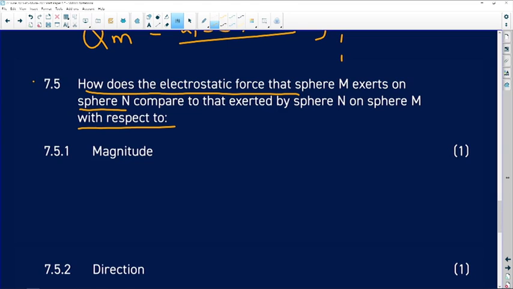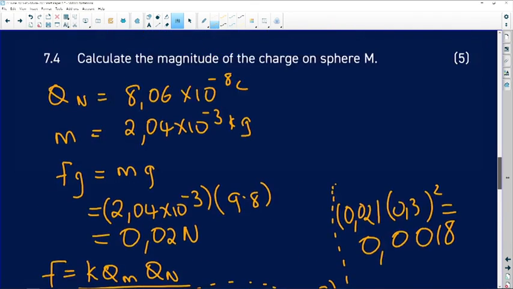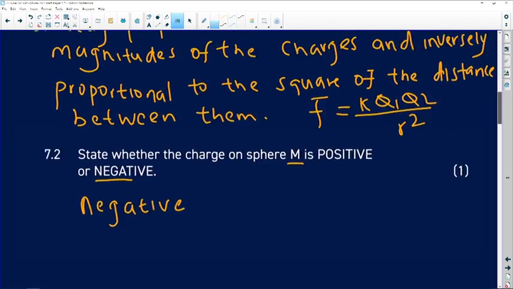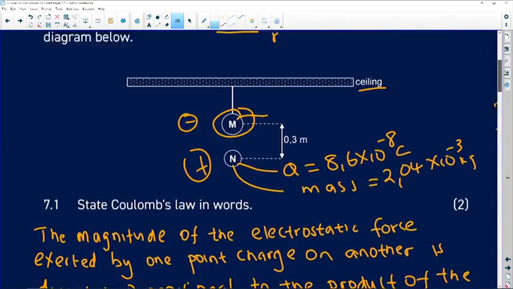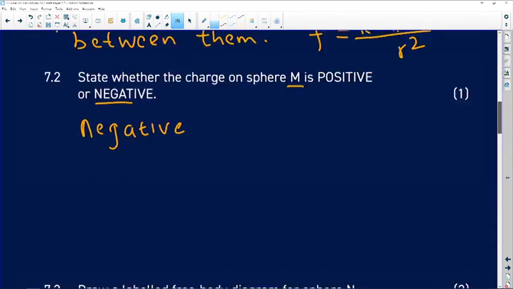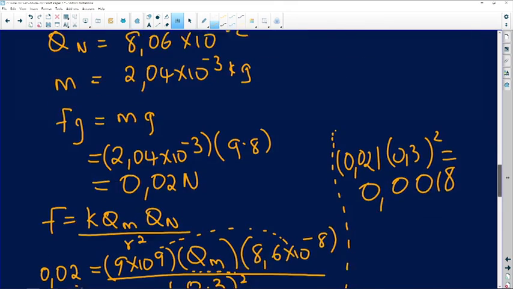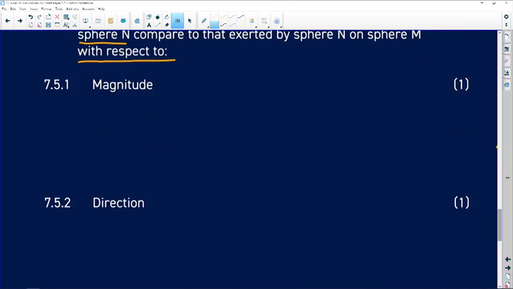Here, if you look at these two spheres, you will realize that these spheres are not moving, and if they are not moving, it means that their magnitudes are equal. So magnitude, it is equal. But with direction, it can't be the same.